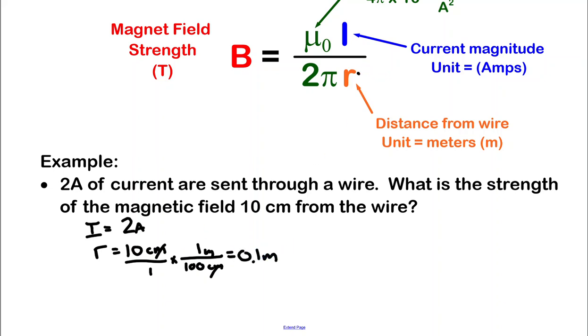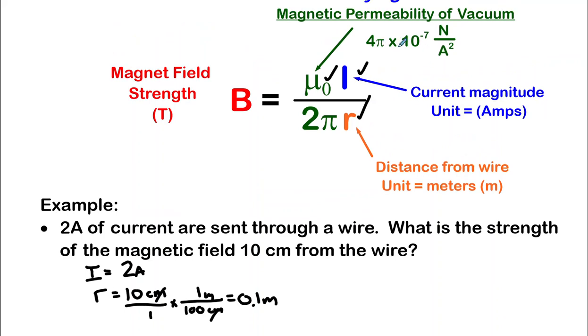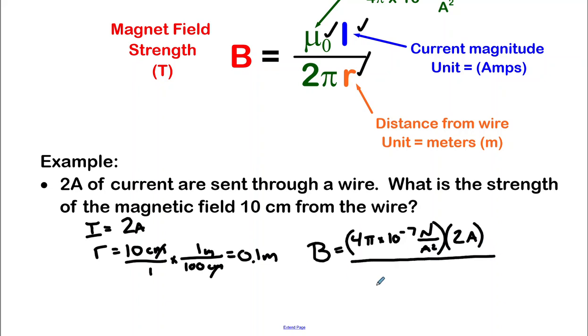And so we have R, we have I, 2 pi is a constant, and this is the magnetic permeability of a vacuum, so 4 pi times 10 to the negative 7th. We could just solve for B is equal to 4 pi times 10 to the negative 7th, and that is newtons over amps squared, times current, which is 2 amps, all divided by 2 pi times the distance, which is 0.1 meters.